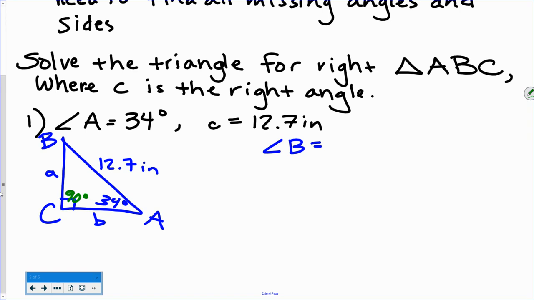Or, if I have 90 degrees, then these two angles have to add up to 90. So I can either add 90 plus 34 and take that away from 180, or take 90 minus 34 degrees. That would give me my angle B, so 56 degrees.